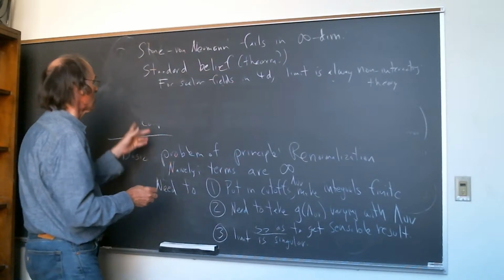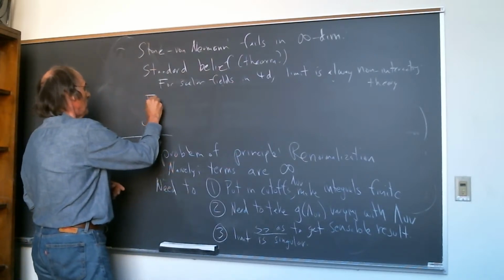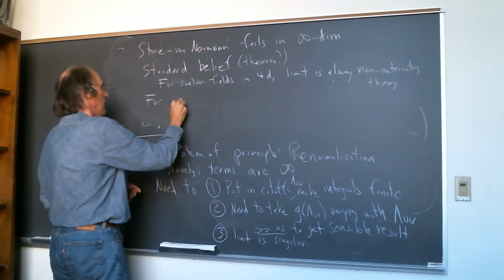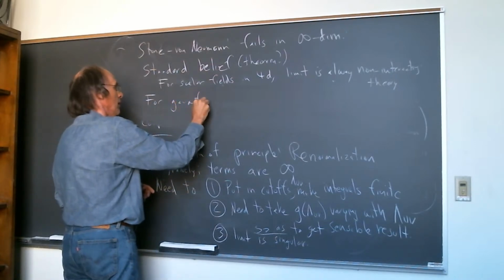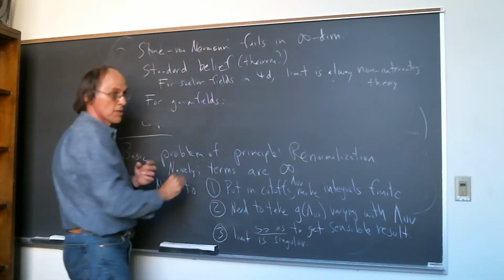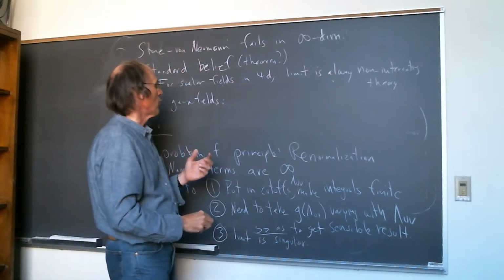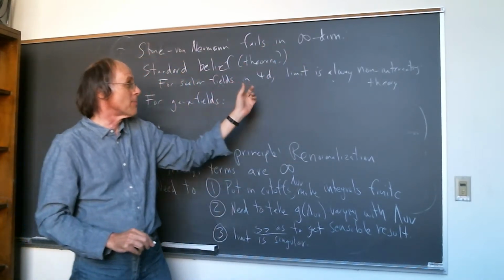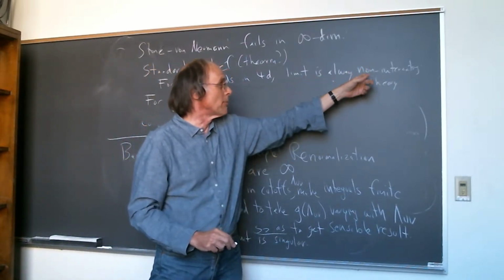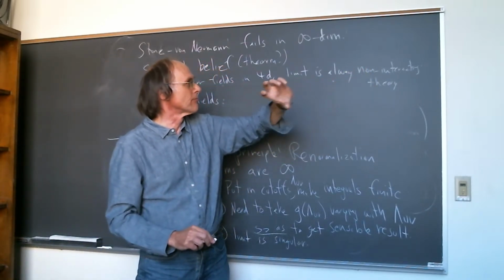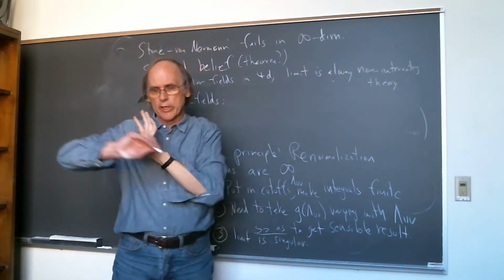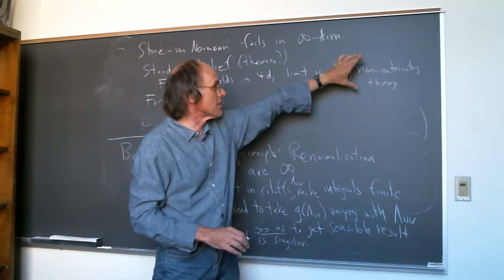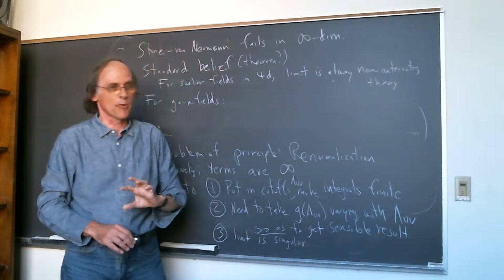Okay, but now for the gauge field. So what happens for G? For the U1 factor, that has a potential problem like this, but it somehow only occurs at exponentially small distances, so you're not sure what to make of it.